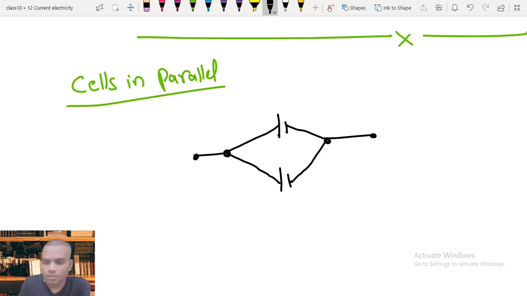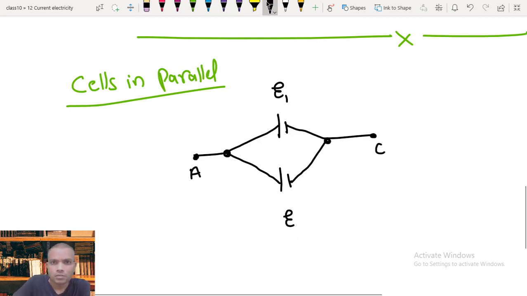If I take two points here, this is point A and this is point C. Our task is to find the terminal potential difference between the two ends, V of AC. Let me take this one having EMF E1 and this one having EMF E2.